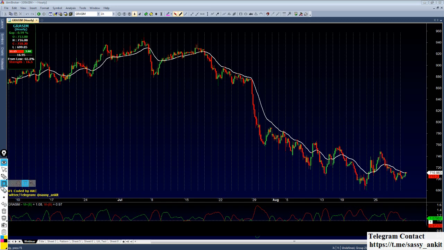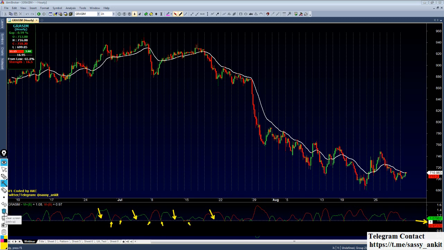We will only use the part which is above this dotted line. This dotted line is at the value 1, as you can see here. Normally vortex crossovers happen around the value 1.